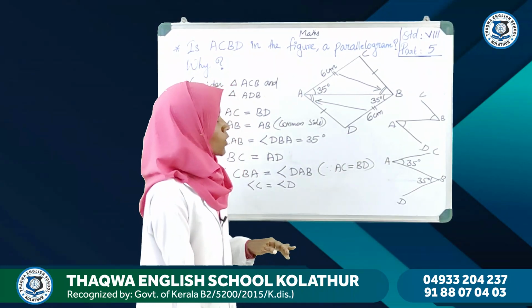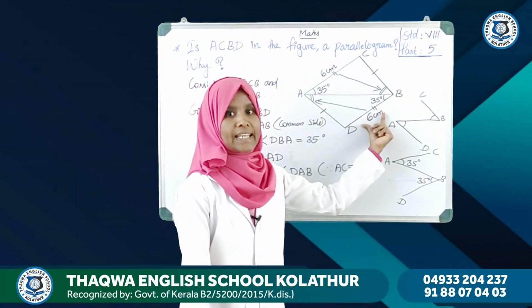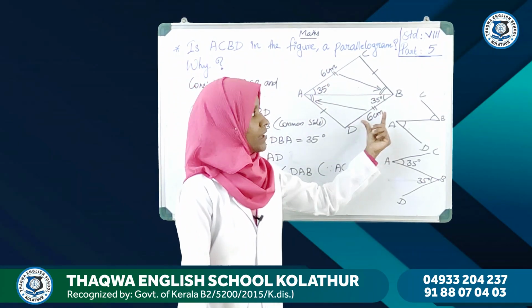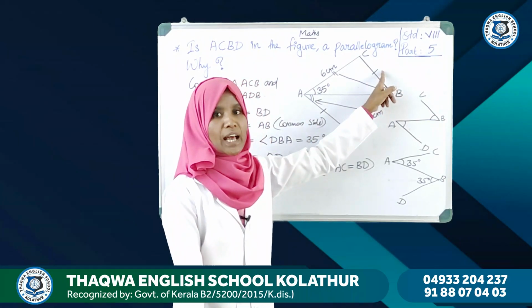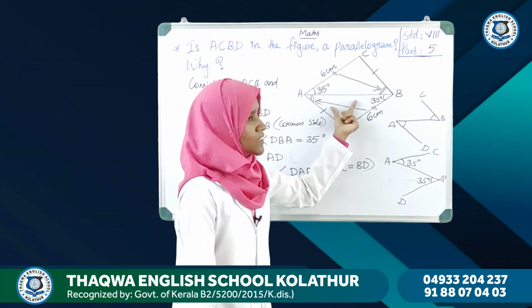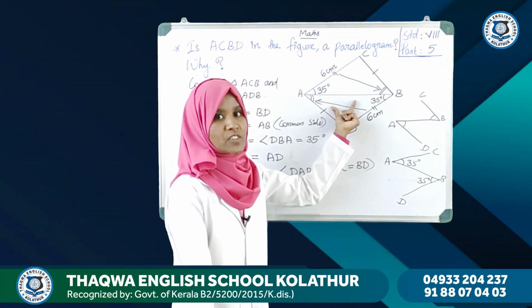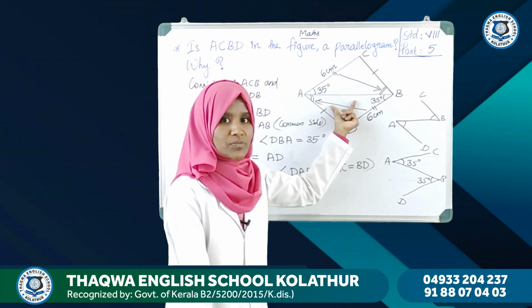Now we have got that the sides AC and BD are equal and parallel, and also the sides AD and BC are equal and parallel. You have studied the condition of a parallelogram in 7th and 8th standard. What is that?